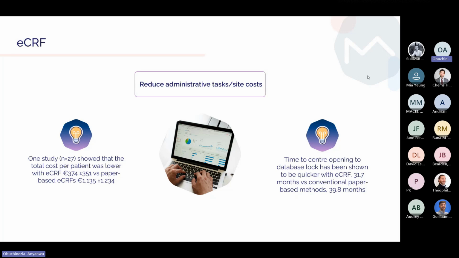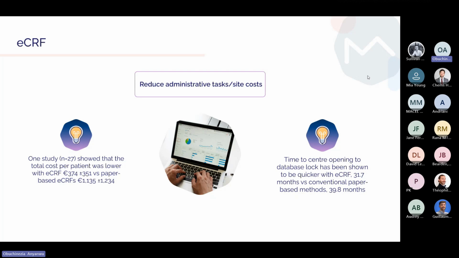We have a study where the total cost per patient was lower when electronic case report forms were applied. So we're looking at 374 euros with electronic case report forms versus 1,135 euros for conventional paper-based case report forms.